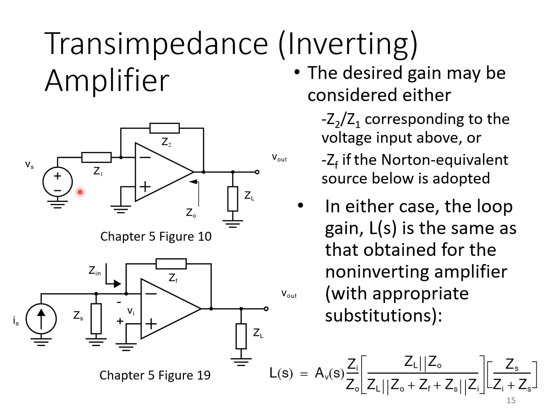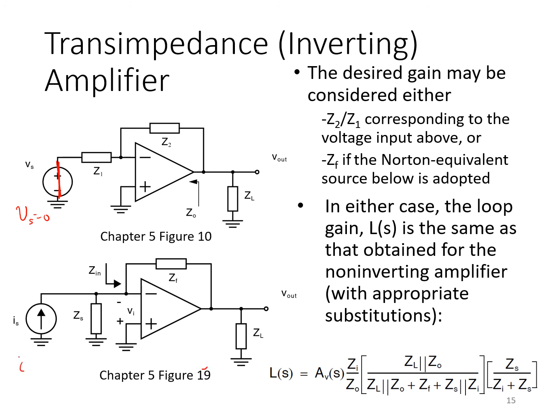the first step in finding the loop gain L is to set all independent sources to 0. So in the case of this example here, we would set Vs to 0. That shorts that node to ground, and you end up with the same circuit to analyze as we found for the non-inverting case.